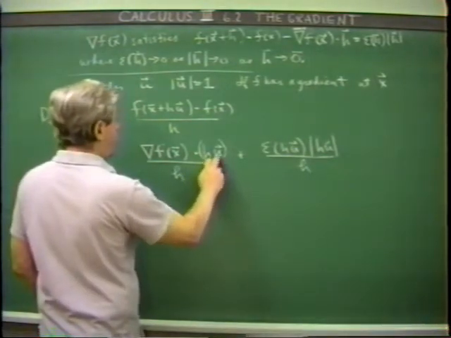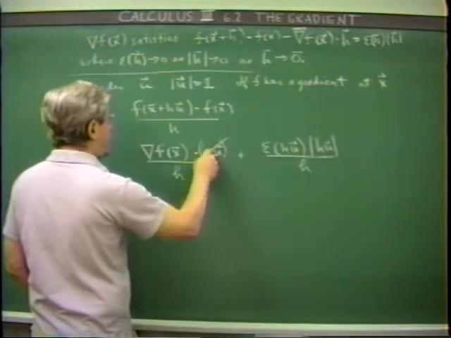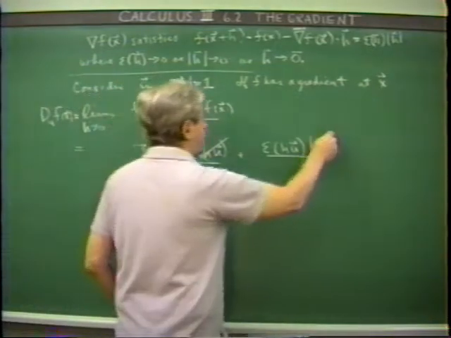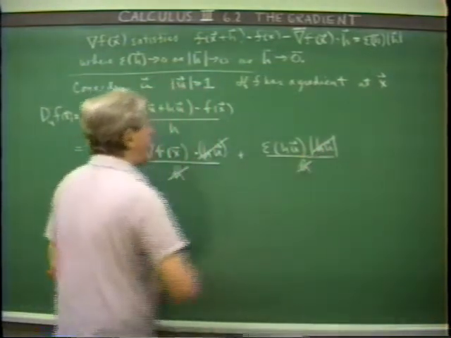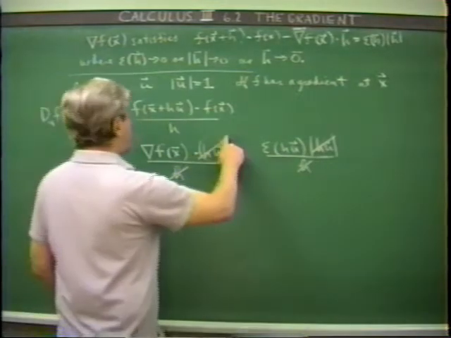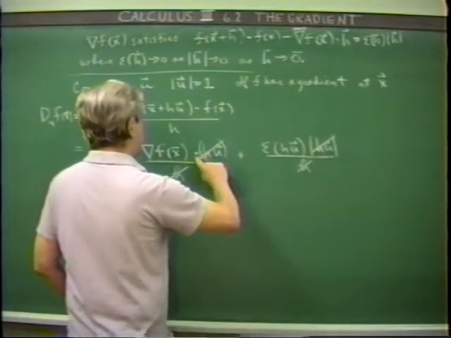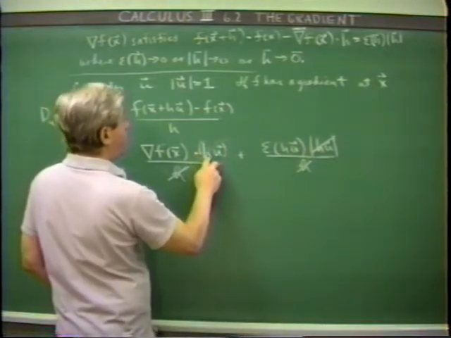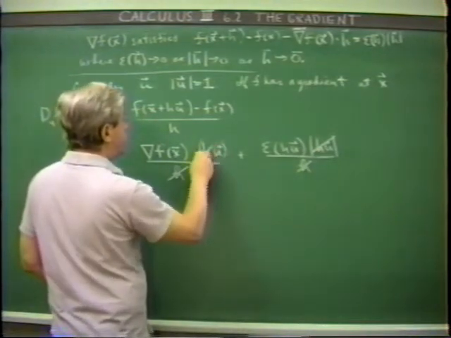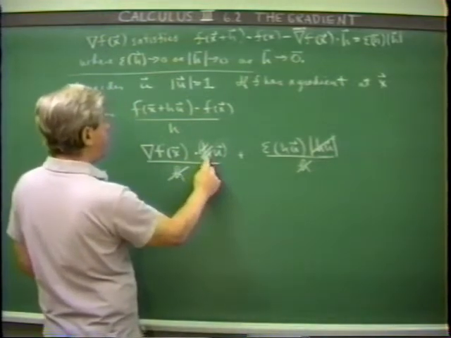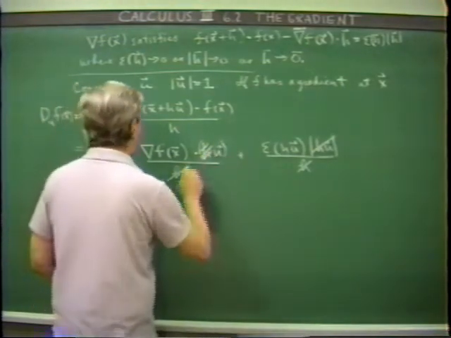All right? Well, the magnitude of hu is h, so we can cancel the magnitude of hu with the h. Canceling the other one is not quite right here. Right? This is a dot product. With this h, I can cancel this h with this h because I can bring the h outside of the dot product.